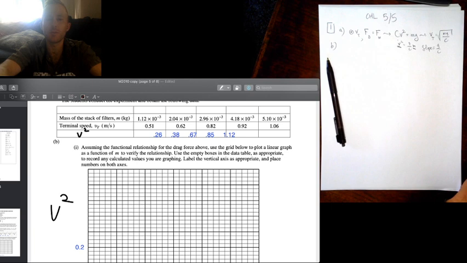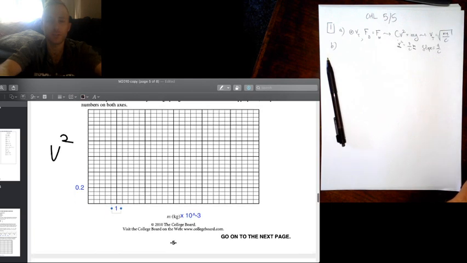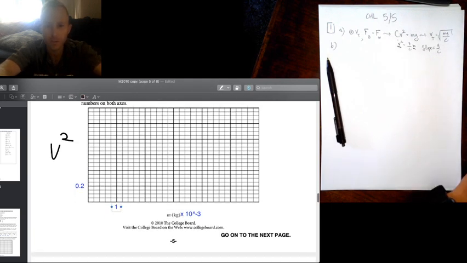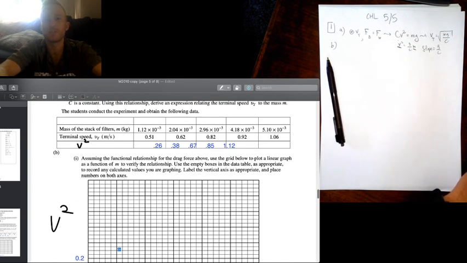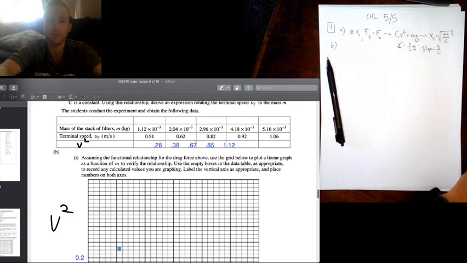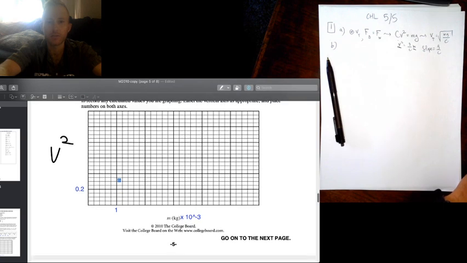My first point is 1.12 and 0.26. So 1.1 and 0.26 is roughly right here. My second data point is 2.04 and 0.38. So a little bit more than 2 and 0.38 is maybe right here.